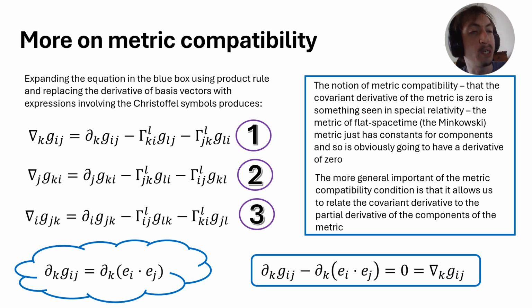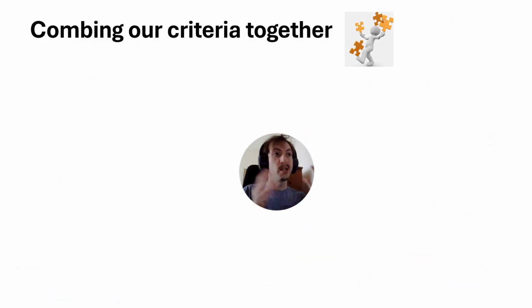And so to finish with this video, let's do the last part, where we'll get our final equation for our Christoffel symbols. We've come so far and we've nearly got to the end of our adventure together for today.